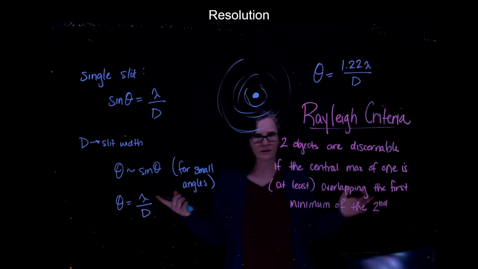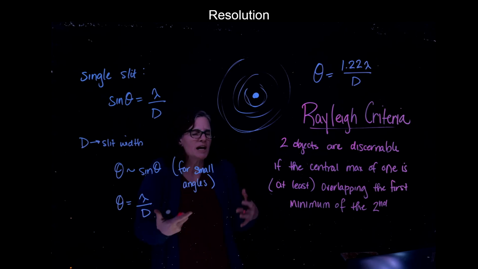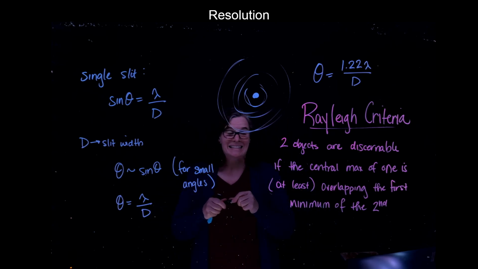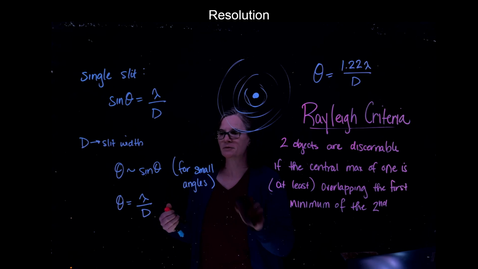It can be further, but they're just discernible. We can just resolve that there are two objects if the central maximum of one overlaps the first minimum of the second. Said another way, none of their central maxima peaks overlap.